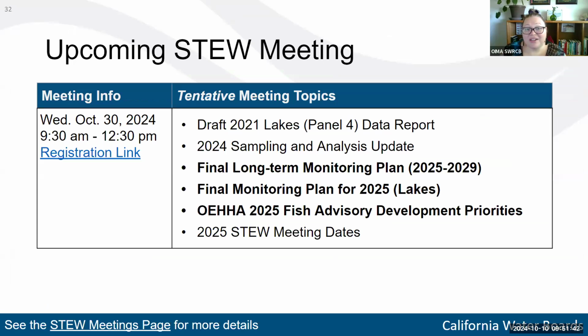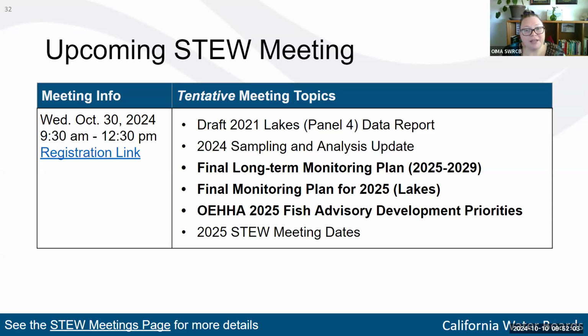If this is something of interest, our next STEW meeting is scheduled October 30th, the week after the conference, and we'll be discussing a couple of topics that might be of interest. Mainly our final long-term plan for the next 5 years, so you can see which water body types we'll be visiting and when.